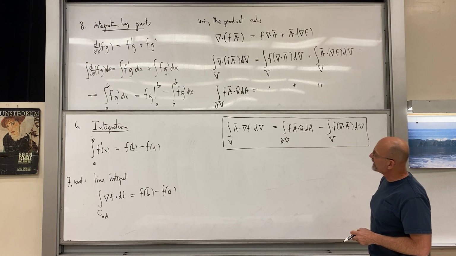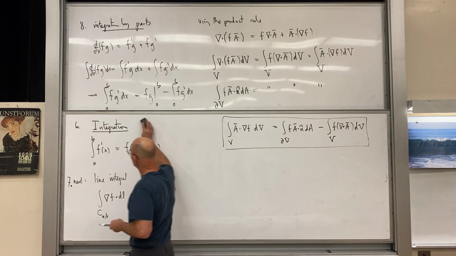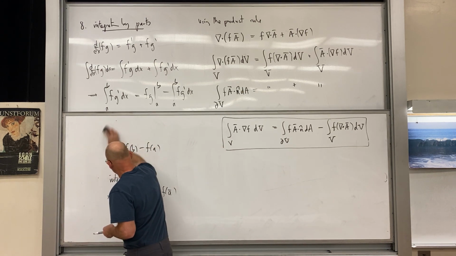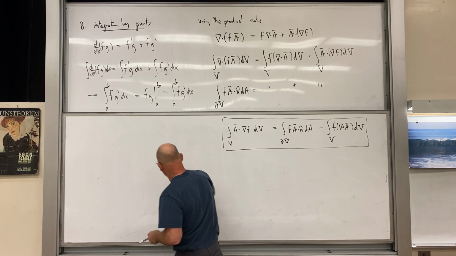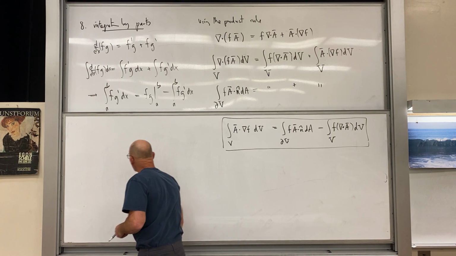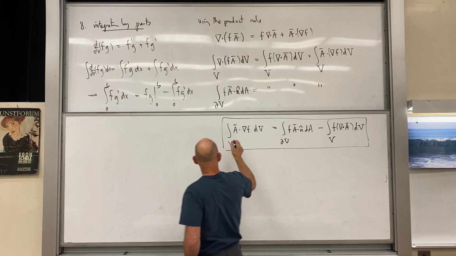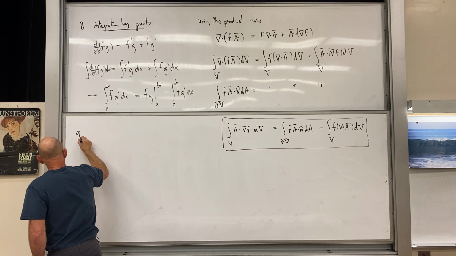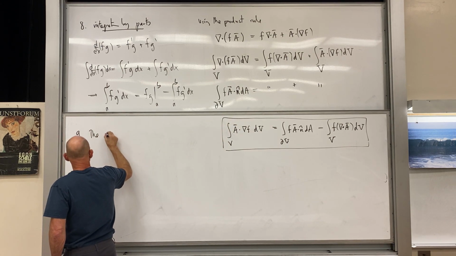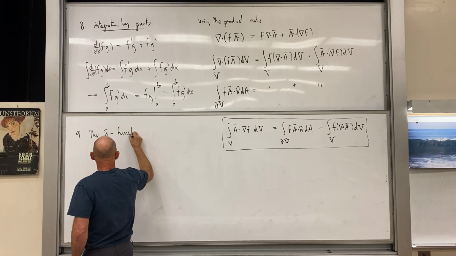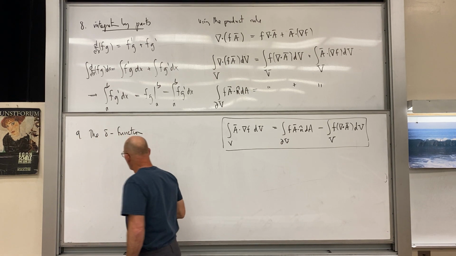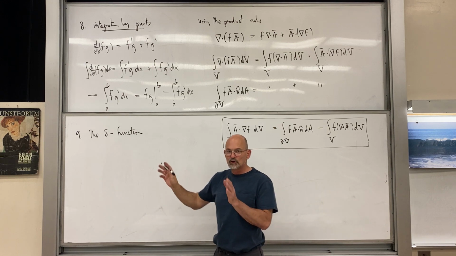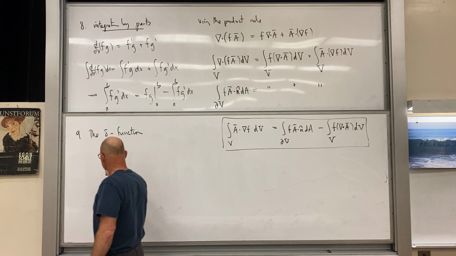Okay, so that was 8, so we'll go to 9 here. So 9th, one needs a discussion of the delta function. So I'll just remind you of the Dirac delta function.